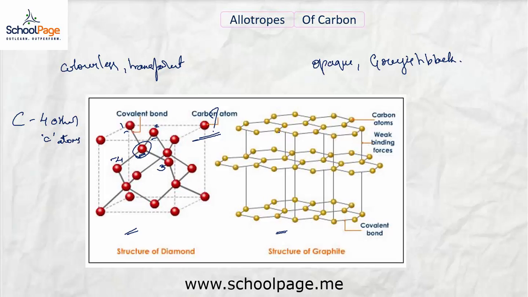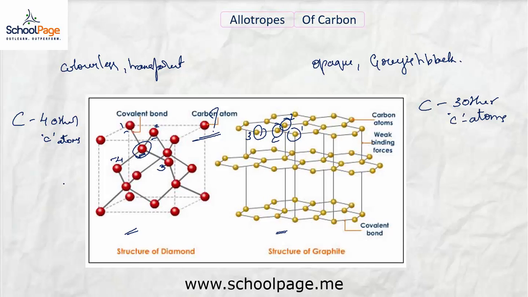Now observe here, each carbon atom is linked to 3 carbon atoms, 1, 2 and 3. So if this is the main carbon atom, this carbon is linked to this carbon and this carbon. So we see that each carbon is linked to 3 other carbon atoms.